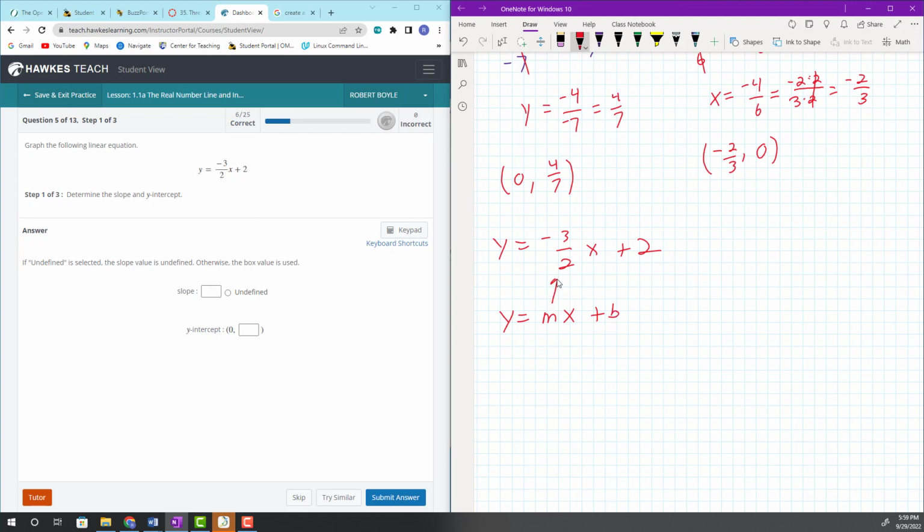This right here is the slope, and this right here is the y-coordinate of the y-intercept. So the slope is this value right here, -3/2. And the y-coordinate of the y-intercept, that's right there, that is 2.